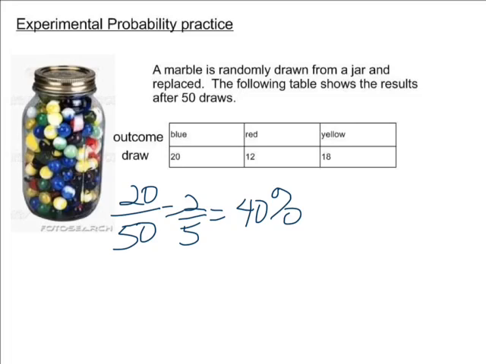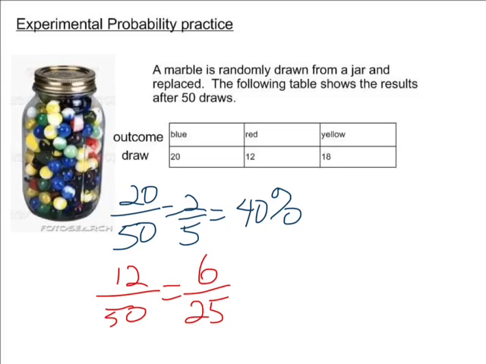Now let's go ahead and do the red. You can see that it was a red marble 12 times out of the 50. So this is a fraction. Let's go ahead and reduce it. Both numbers are even, so I usually just start by taking half of the number. Half of 12 is 6. Half of 50 is 25. They're no longer common factors, so 6/25 is reduced.